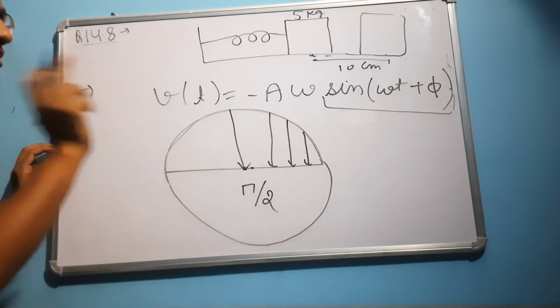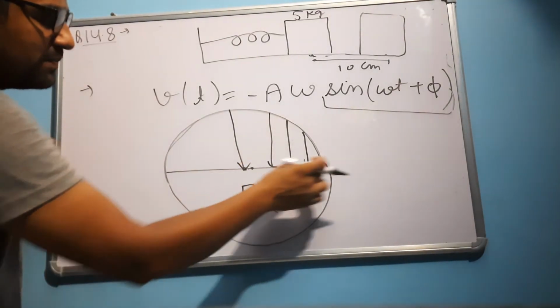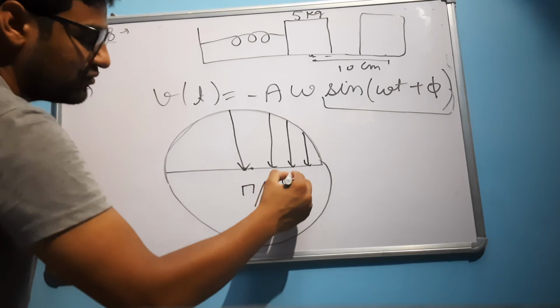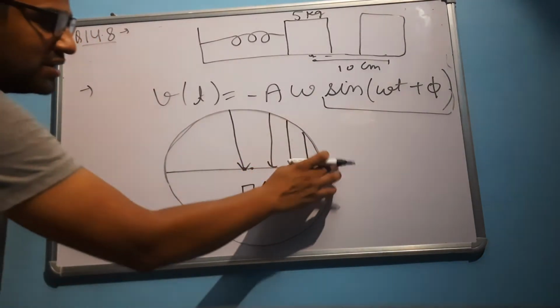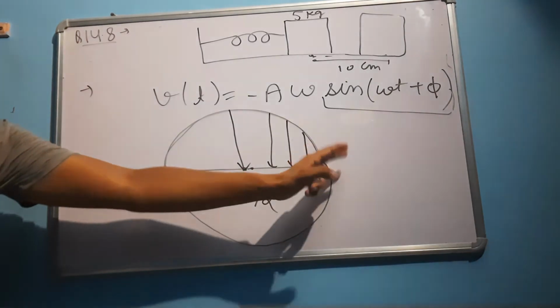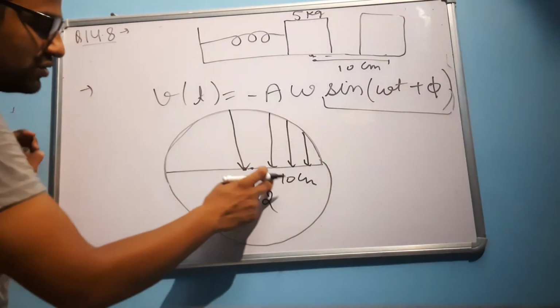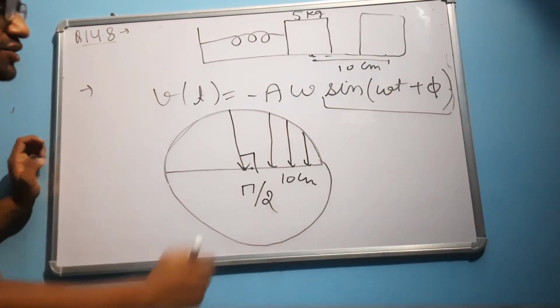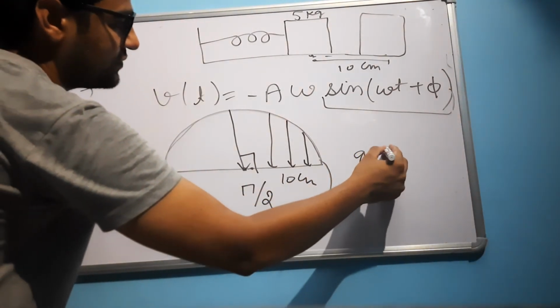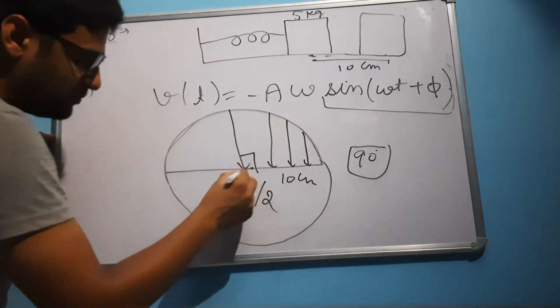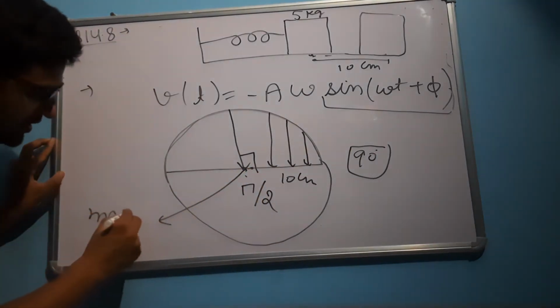Here the velocity will be maximum when we release the spring from 10 centimeter and it comes here. Here the particle is at rest and the velocity is 0. So what is the angle here? That is pi by 2. So at pi by 2 or 90 degree, or at the mean position, the velocity will be maximum.